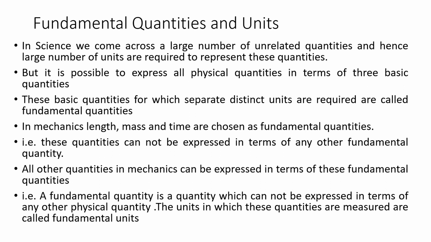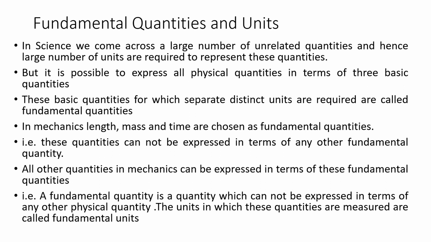But it is possible to express all physical quantities in terms of only three basic quantities. Three basic quantities which cannot be expressed in any other physical quantities. They are separate, distinct, independent units. These are called fundamental quantities.